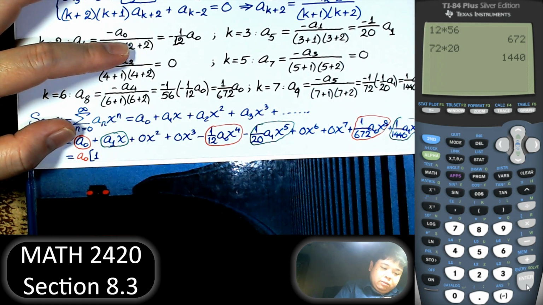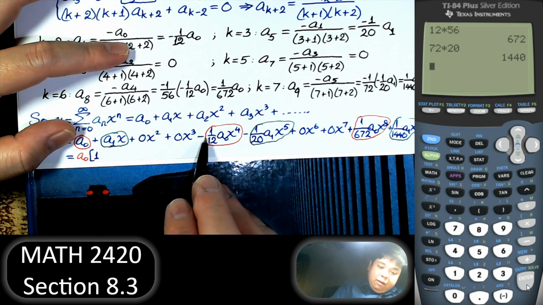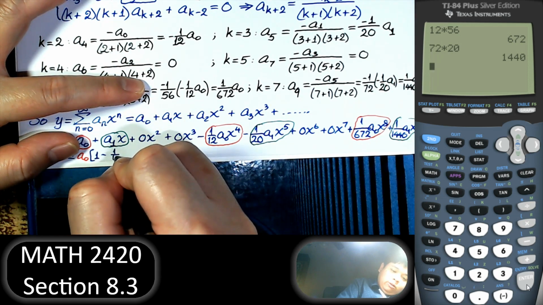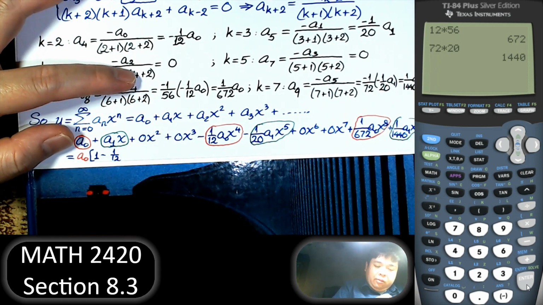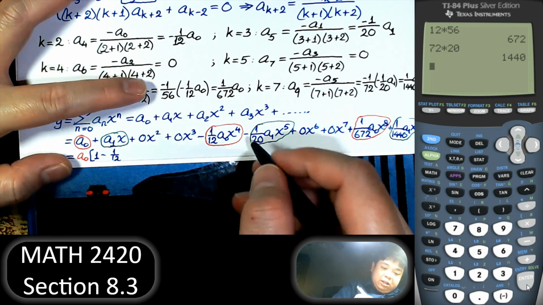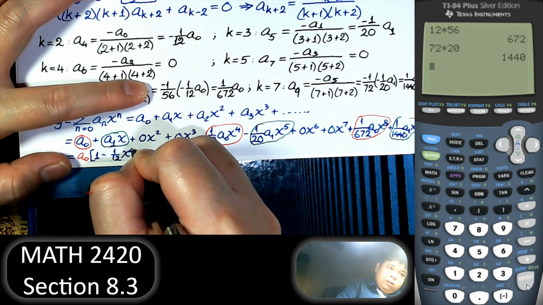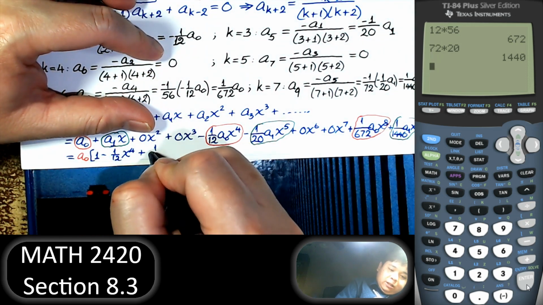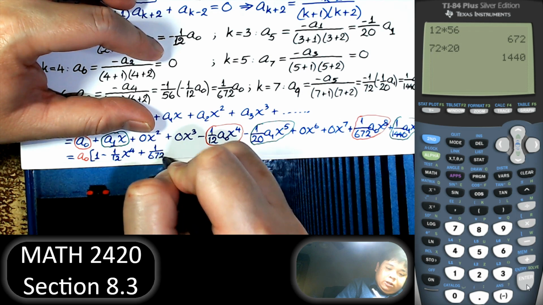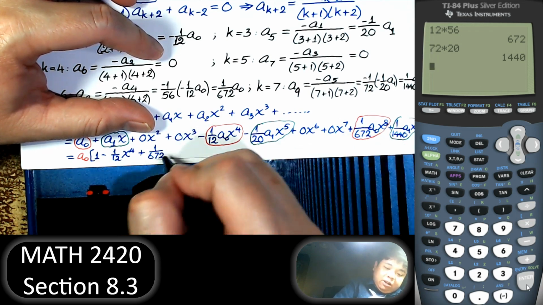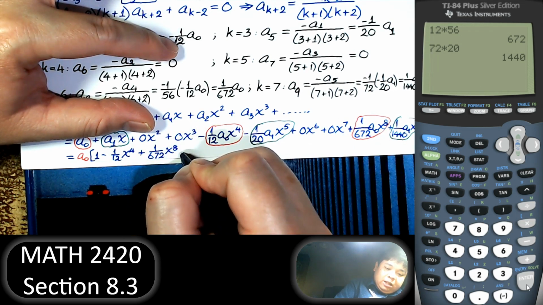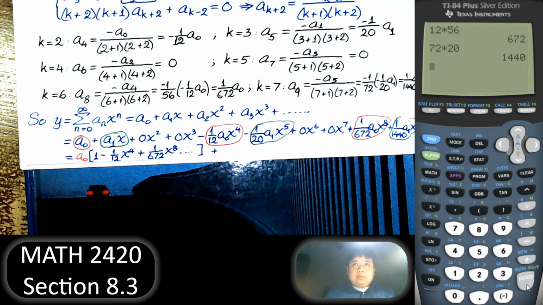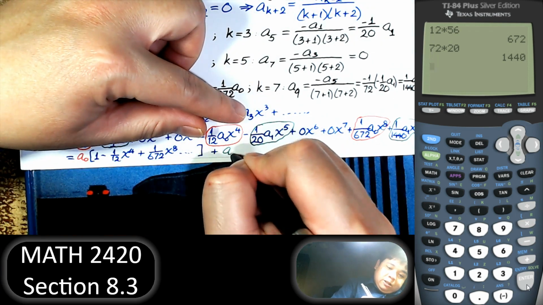1 minus 1 over 12 a naught factored out, and then we still have x to the 4th, plus 1 over 672 a naught factored out, but we still have x to the 8, and this keeps going in terms of a1.